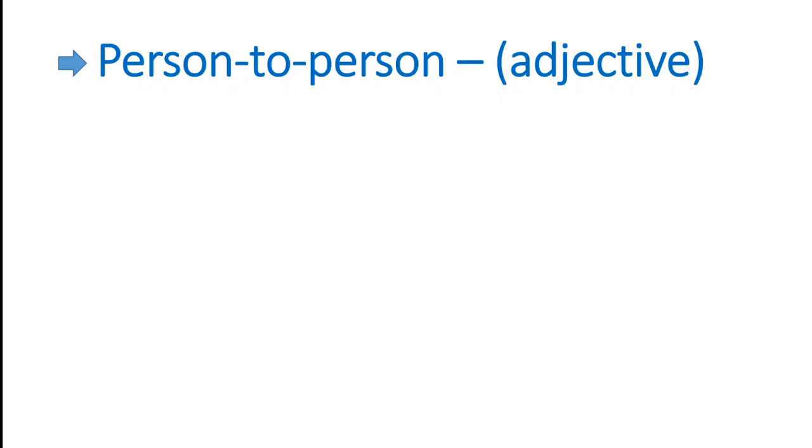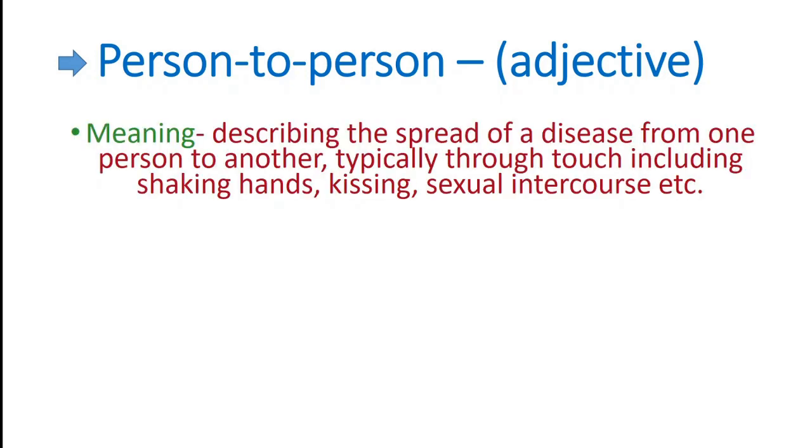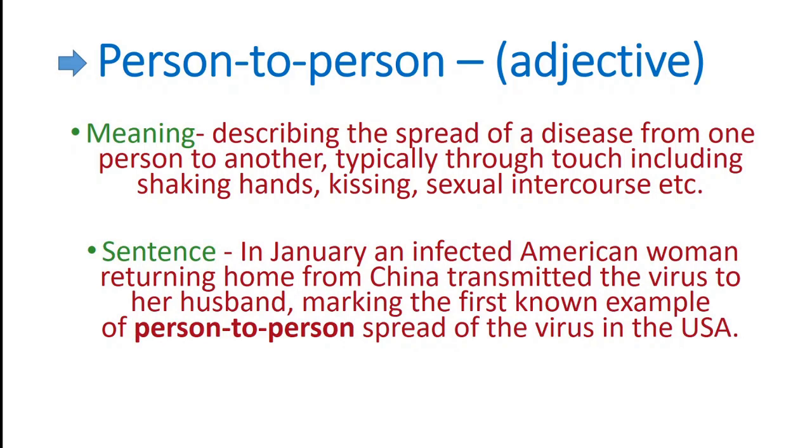Meaning describing the spread of a disease from one person to another, typically through touch including shaking hands, kissing, sexual intercourse, etc. Sentence. In January, an infected American woman returning home from China transmitted the virus to her husband, making the first known example of person to person spread of the virus in the USA.